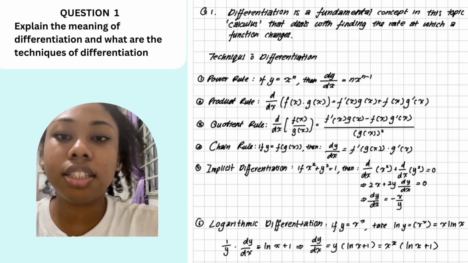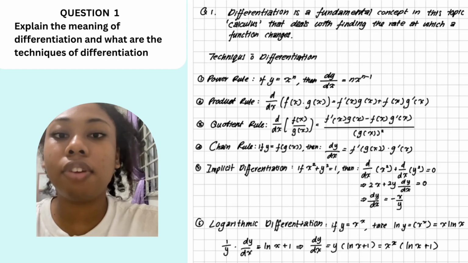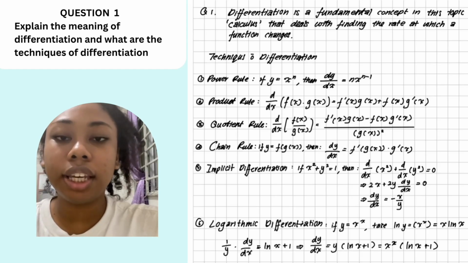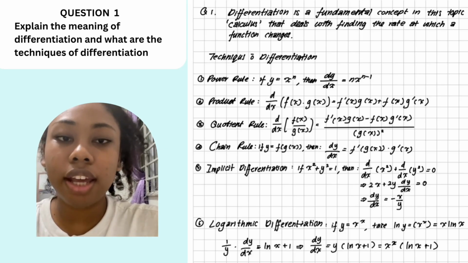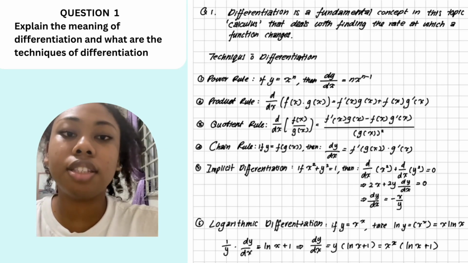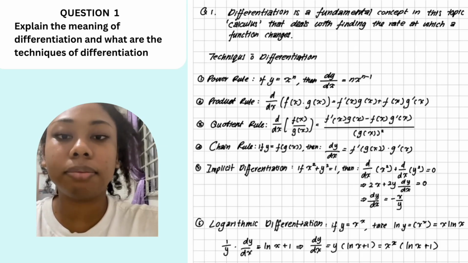The equation is d/dx (x^n) = n x^(n-1). The second one is product rule, where the equation is d/dx (f(x) g(x)) = f'(x) g(x) + f(x) g'(x).